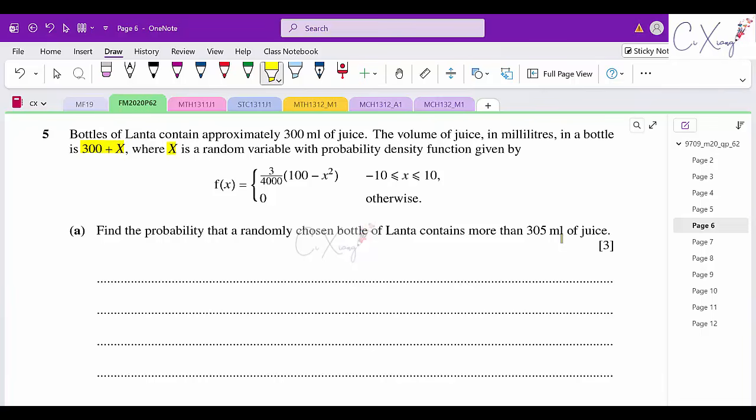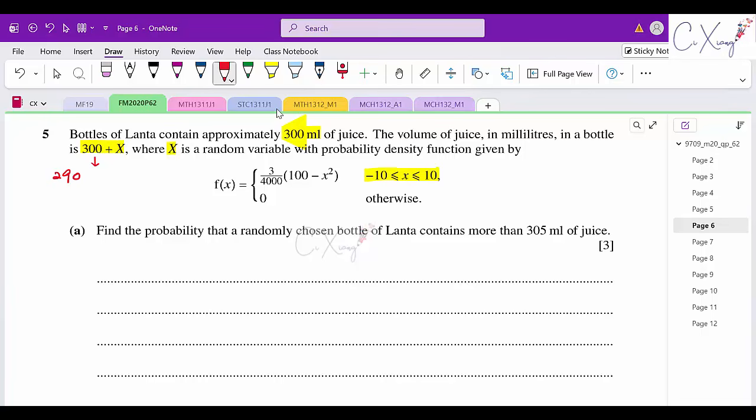You need to know that the bottles have approximately 300 milliliters. The difference for every single bottle is 300 plus x, because x can be from negative 10 to positive 10. So if x is negative 10, the bottle might have 290 milliliters of juice.